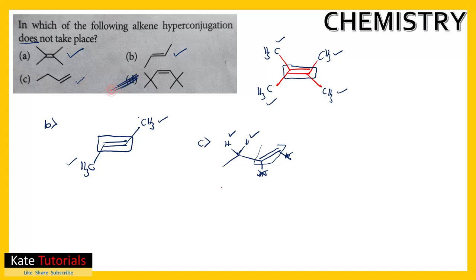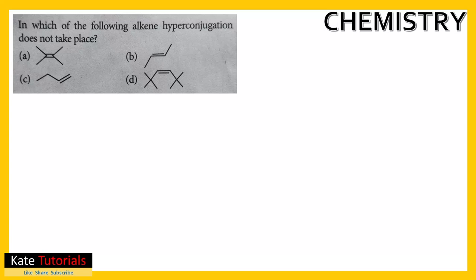Our answer is D. But let us talk about why D doesn't show hyperconjugation. See, here it has a double bond, and here the next carbon is there. I have told you whenever this double bond is there, the next carbon should have at least one hydrogen to show hyperconjugation. But here you see this carbon is attached to three CH3 groups. So if we see that this is the alkene group, the next carbon doesn't have any hydrogen, so no hyperconjugation here.